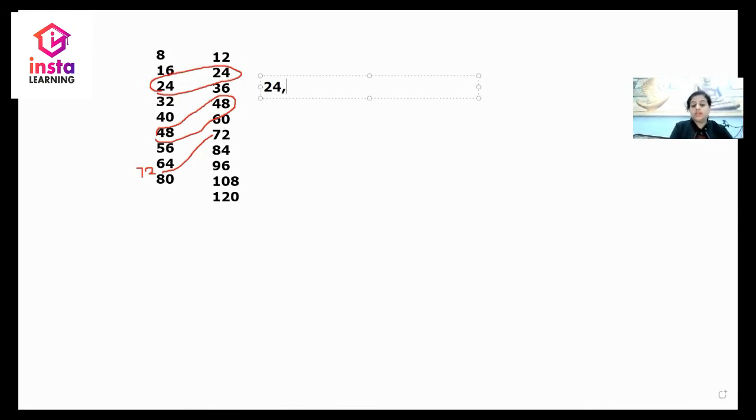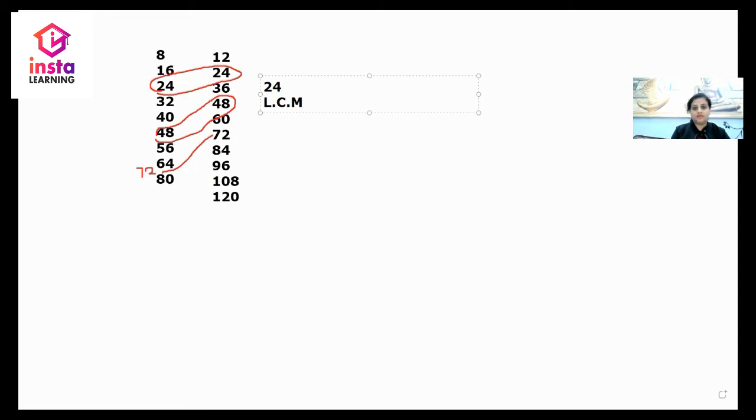Because it is the number that comes in the table of 8 and 24, and it is the least common multiple. So 24 will be the answer. LCM. Okay, got it? Likewise, you are supposed to do all the sums, all the things in your copy for better improvement in your maths.